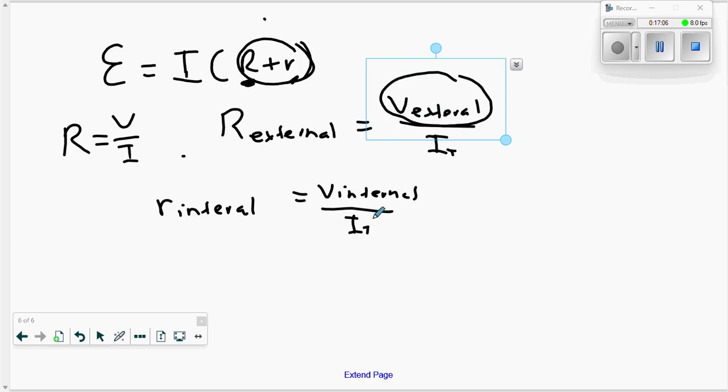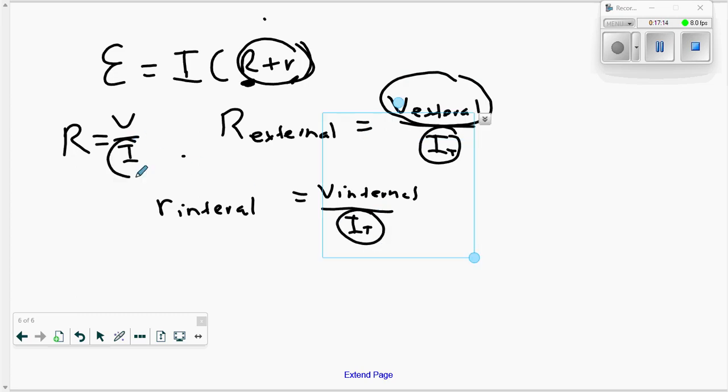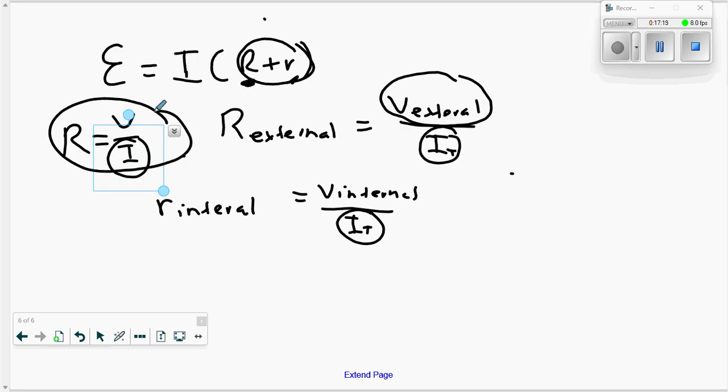Because remember, ammeters, it doesn't matter where you put them, the reading stays the same. So it will be the same for this equation as it is for this equation, as it is for this equation. So you can manipulate this equation to represent what you want to use it for, depending on what the question is asking.